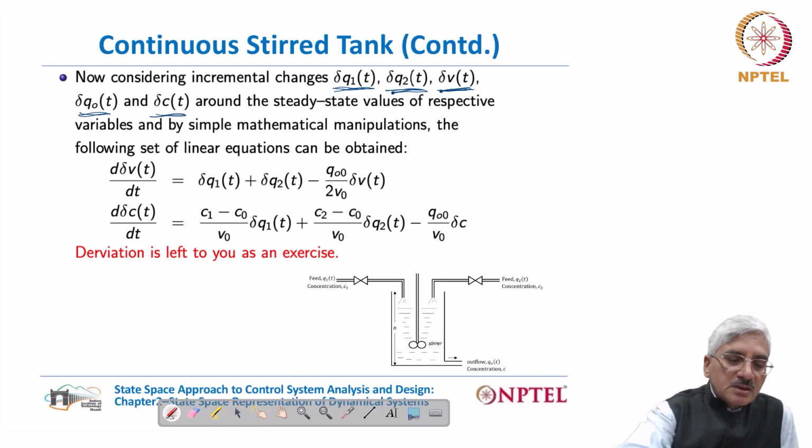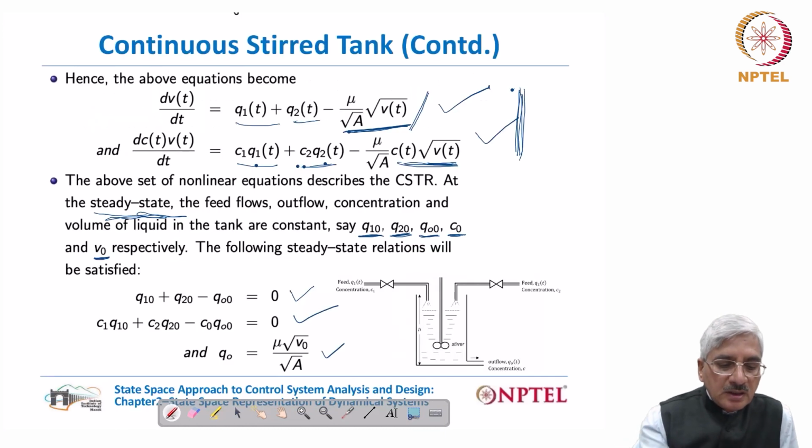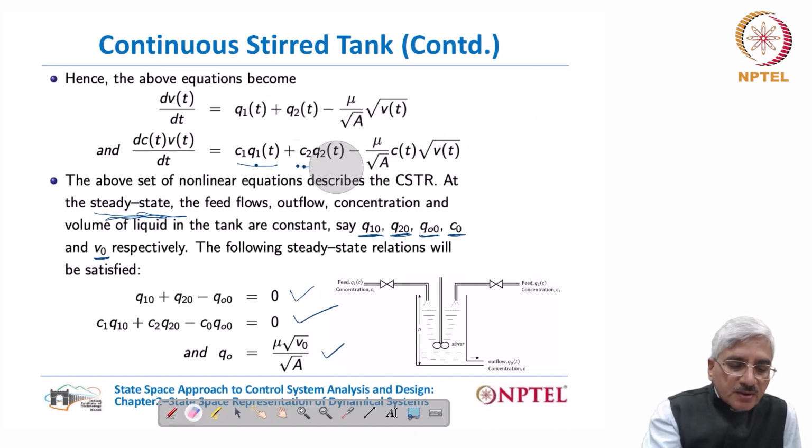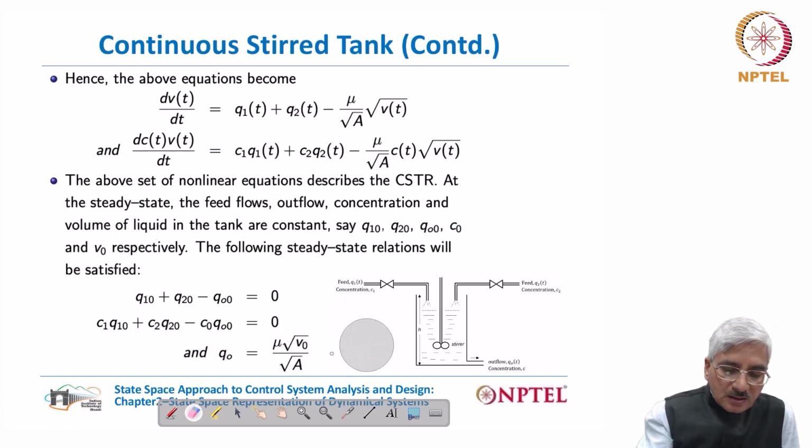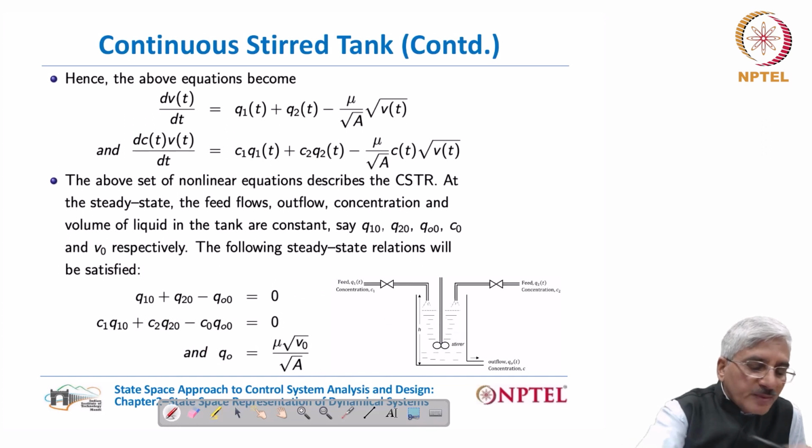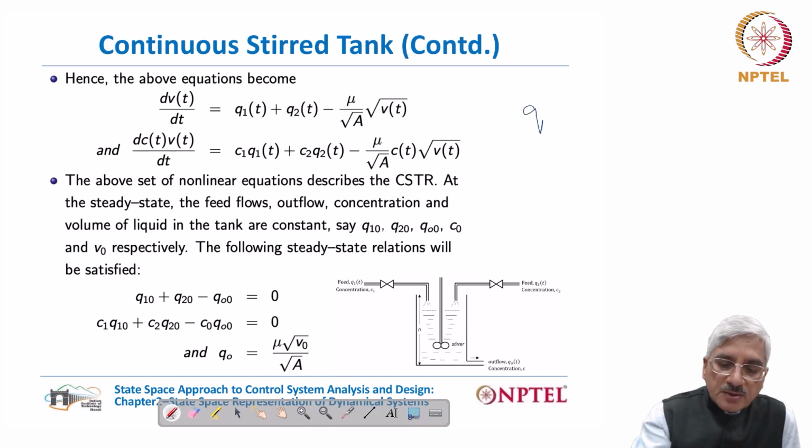Now what we will do is substitute in these expressions, in place of the variables, their steady state values plus the respective changes. So we will substitute, for example, Q1t equal to Q10 plus delta Q1t, like this.